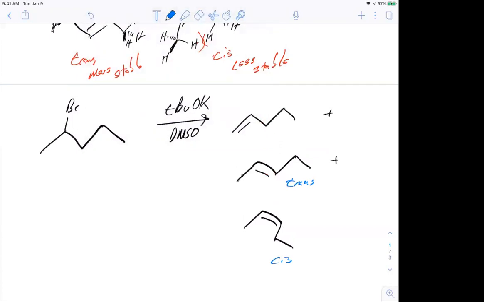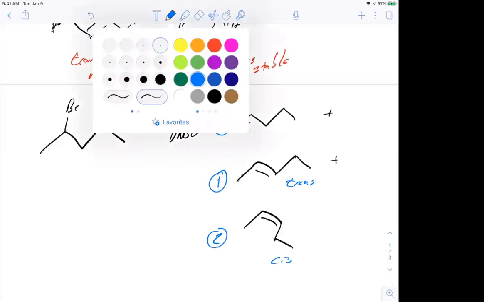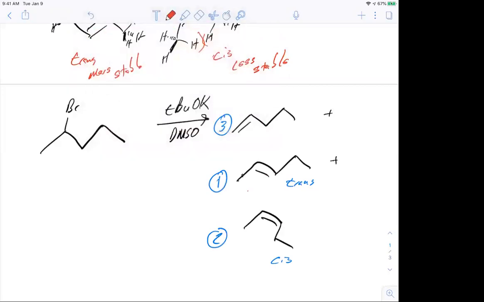So if we looked at ranking these, this would be most stable, secondary, and third, and that would be the order of our products. So our product order, this one would be the major product because it's the most stable of the possibilities.